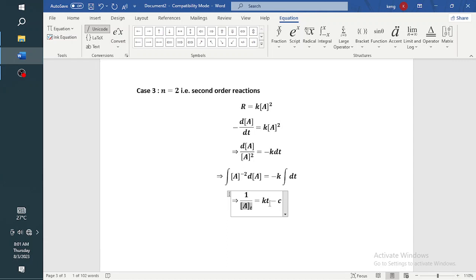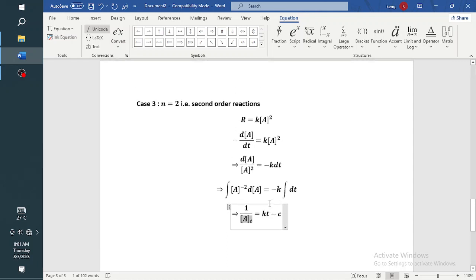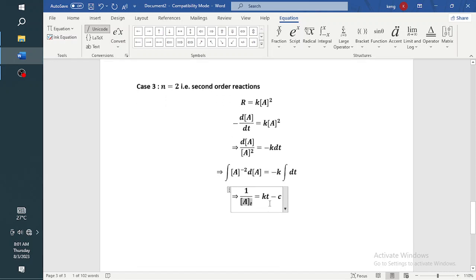Okay, it's going to stress me a little bit to plot a graph, so I think we are going to end here for the analysis of second order. But we know that here is a relationship that relates the concentration of the reactants with time and the rate constant, as well as the constant of integration that we can find. The constant of integration is always equal to the initial concentration, as we know, because when t is equal to 0, we just replace this with the initial concentration.